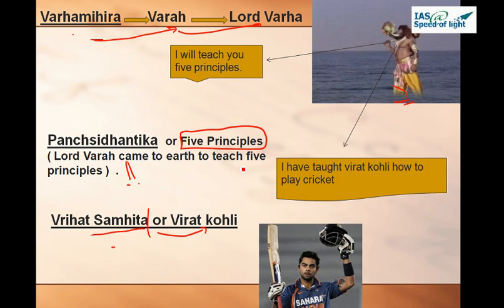Varaha Meera, Varaha, Lord Varaha. What was Lord Varaha telling you? He will teach you 5 principles, and he has taught Virat Kohli how to play cricket. 5 principles becomes Pancha Siddhanta, and Virat Kohli becomes Brihat Samhita.